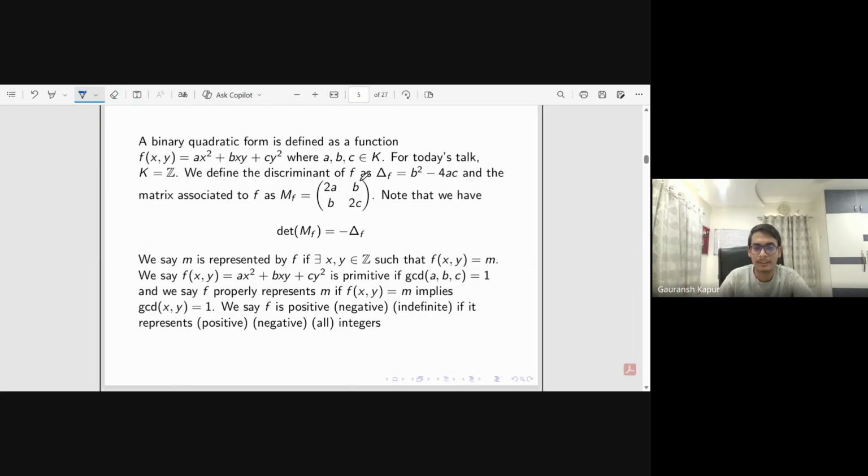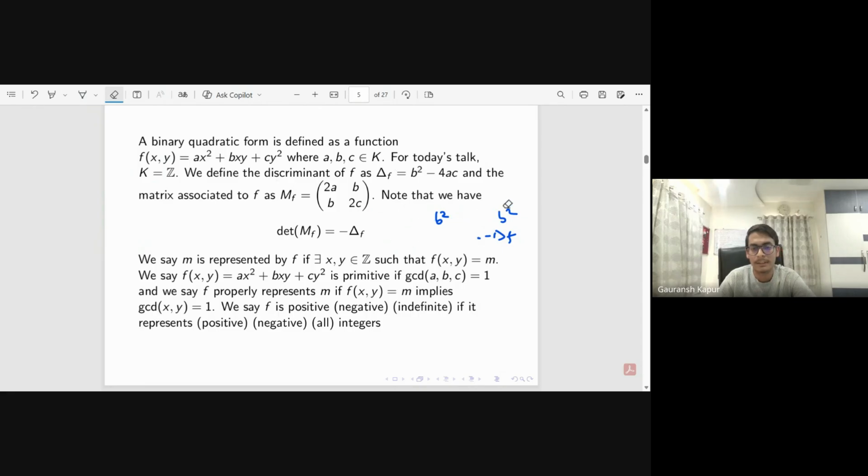We define the discriminant of f, as you have seen before, delta of f, to be b square minus 4ac, and we associate a matrix to f given by Mf, which is 2a, b, b, 2c. So if we find the determinant of this matrix, it's 2a times 2c minus b square, which is 4ac minus b square, which is exactly the negative of the discriminant.